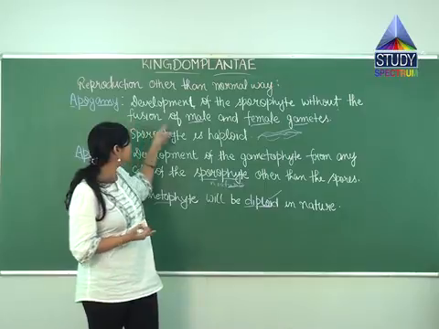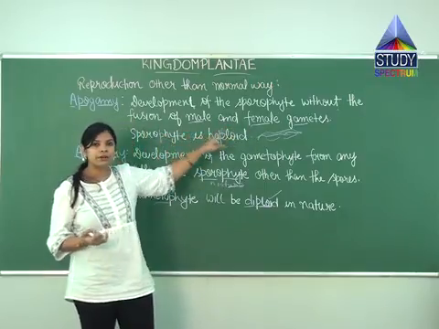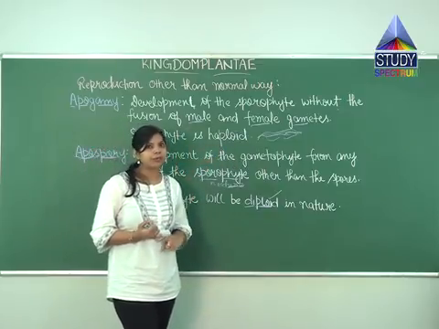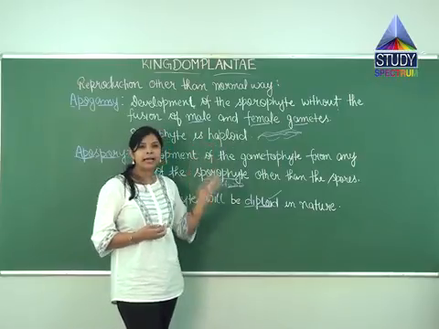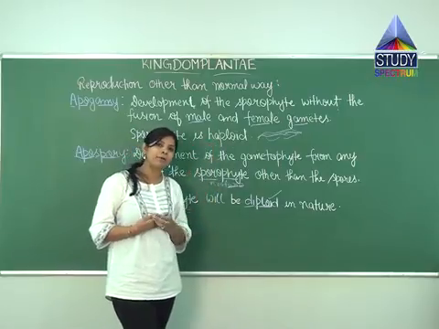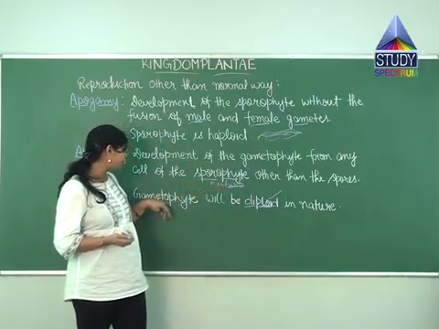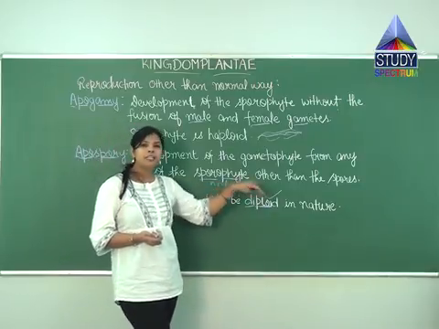If I talk about apogamy, the sporophyte is formed without the fusion of male and female gamete. So because of that, the sporophyte will be haploid in nature. It is the opposite of what we have seen, where the sporophyte was diploid. And in apospory, the gametophyte, that prothallus, will form directly from some other cell of the sporophyte.